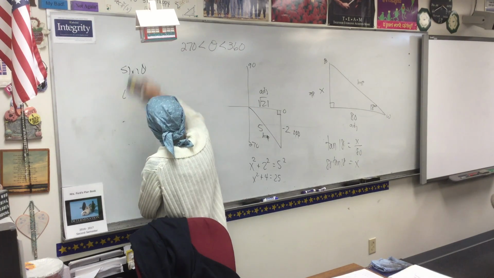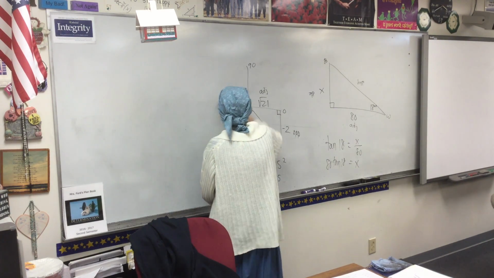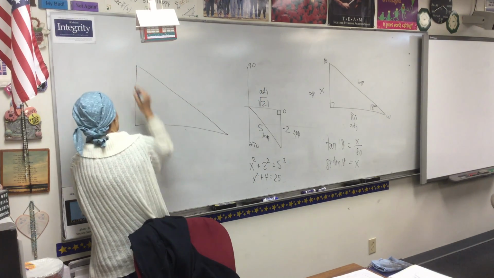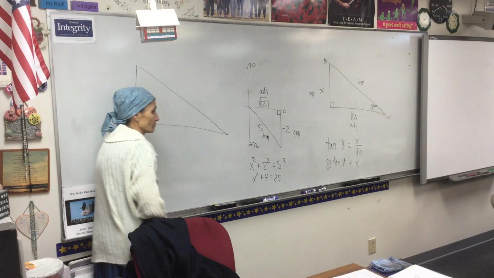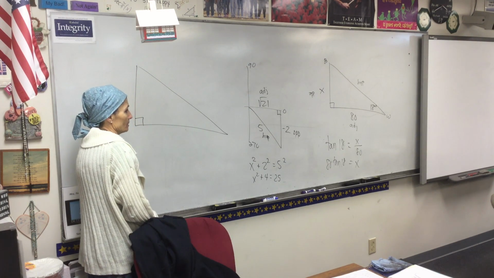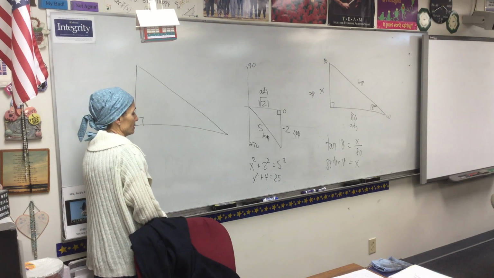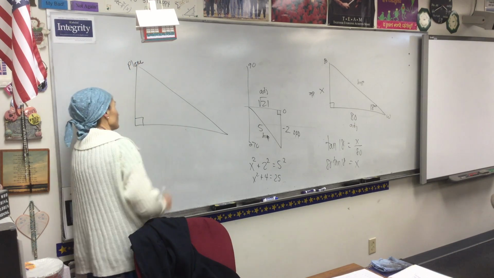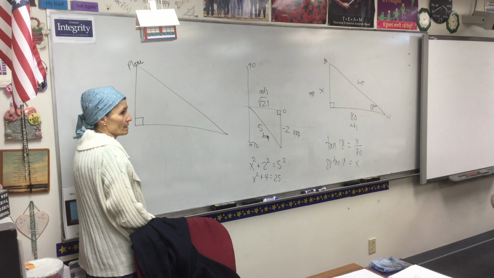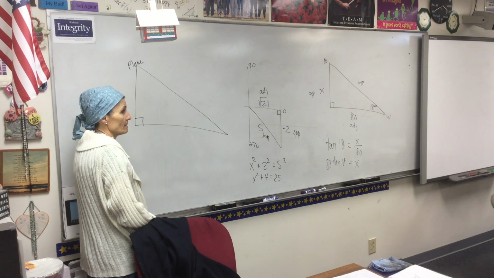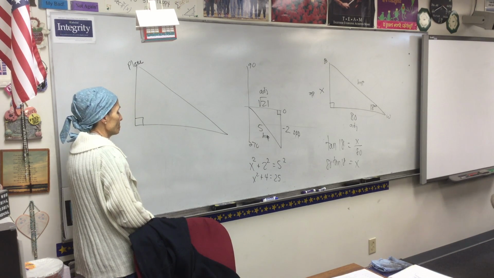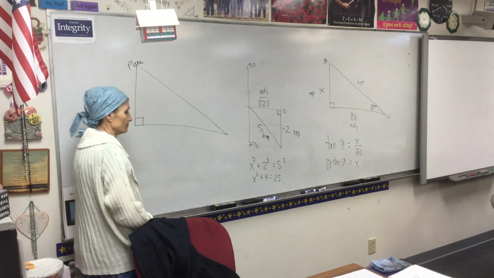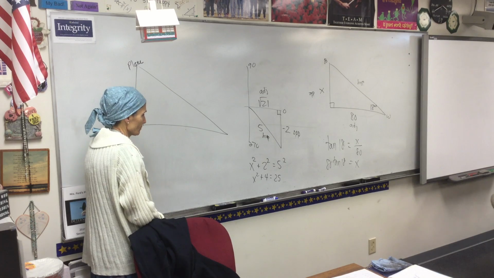All right, we'll try one more word problem, because you'll have one that's like this. There's an airplane up here in the sky. He is 1,000 feet up in the air.